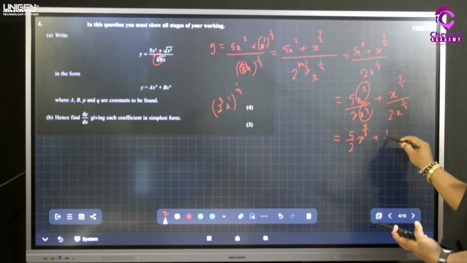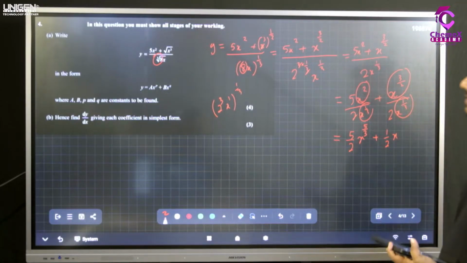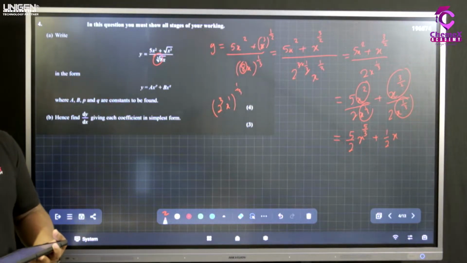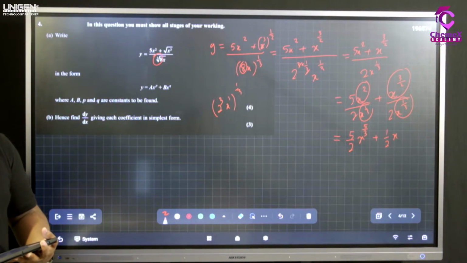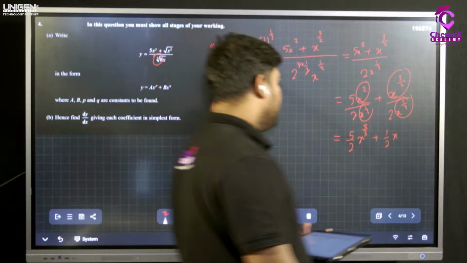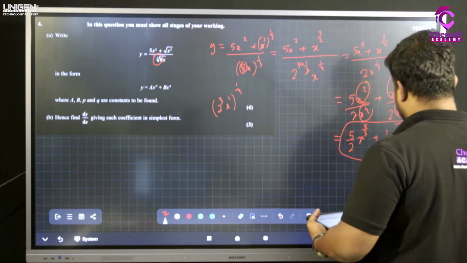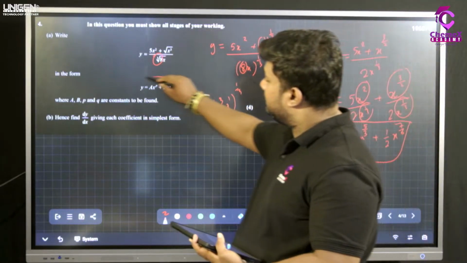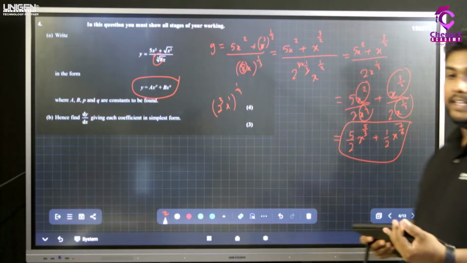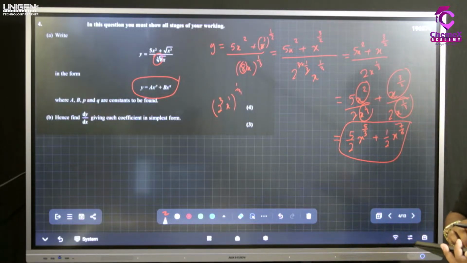Plus 1 over 2 x, again, what is it? 3 over 2, which is 1.5. 1.5 minus 1 over 3 is how much? 7 over 6. So that's the part they ask in the format of this. No? Any questions? Do you have any doubts?